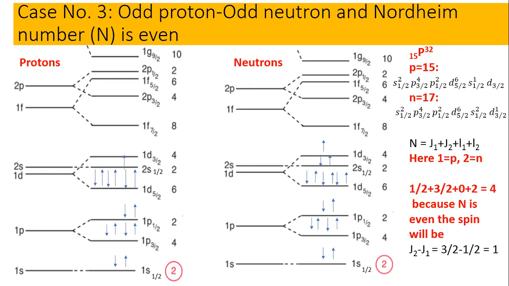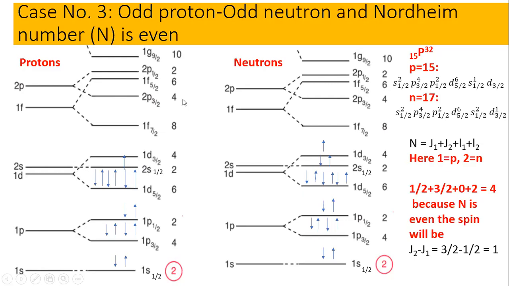So the total number of protons is 15. The total number of neutrons is 17. So 15 was up to here, this is 16 and this is 17. The 17th neutron will be present at D 3/2.